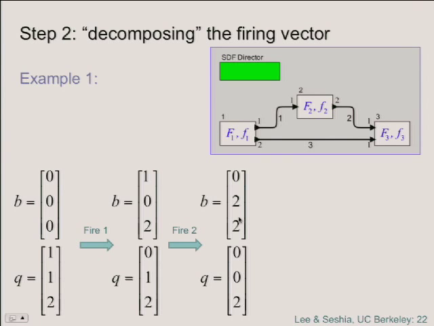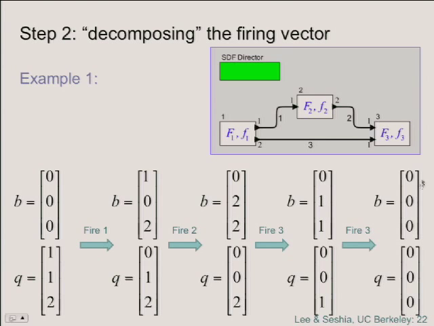So if the model doesn't have any local deadlocks or global deadlocks, I can complete this procedure and bring Q back to 0. If there is a deadlock in the model, the procedure will block somewhere in this finite number of steps. And the way it'll block is that none of the actors will be enabled, or none of the enabled actors will be allowed to be fired according to the Q vector.